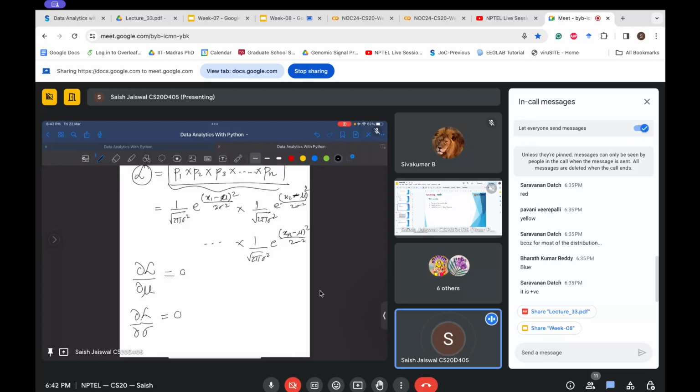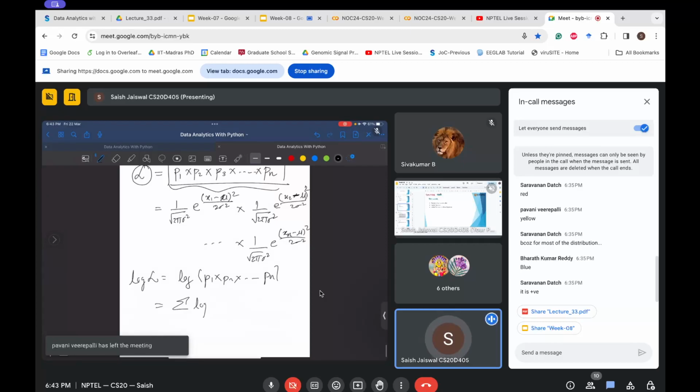But to make it easy, we generally take the log of this particular product. Why? Because it becomes a summation of the logs of each of the likelihoods, which is easier to solve.